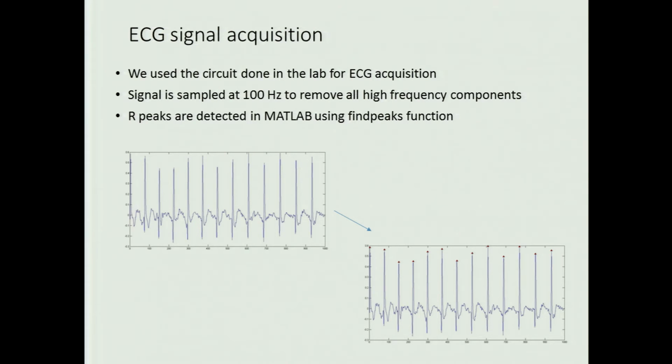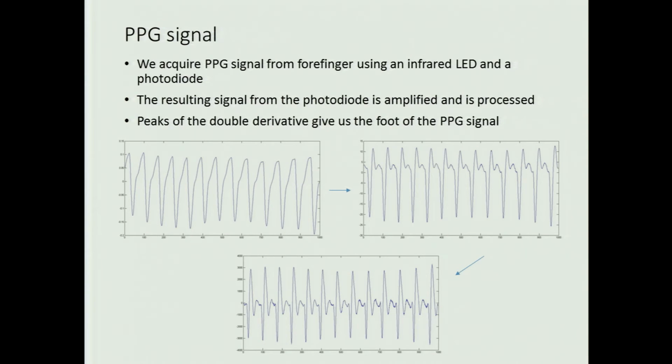They removed all the high frequency components using MATLAB and found the peaks. So this is the original signal. You do the manipulation in MATLAB, remove all the high frequency components and detect the peaks. Then get the PPG signal from the forefinger, using an infrared LED and a photodiode.